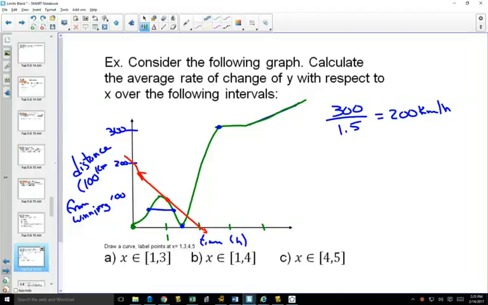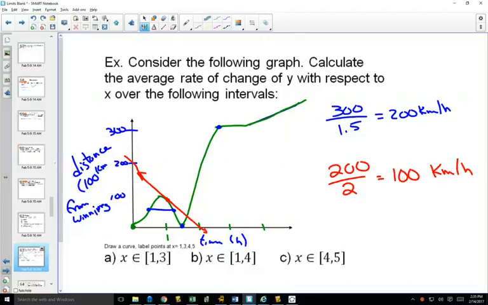Can you see that you've got a rise of 200 and a run of 2? If I would do 200 divided by 2, I would get 100. And so at that time, if I looked at my speedometer, I would be going 100 kilometers per hour. And that would be an instantaneous rate, because that's the slope of that line at that moment.